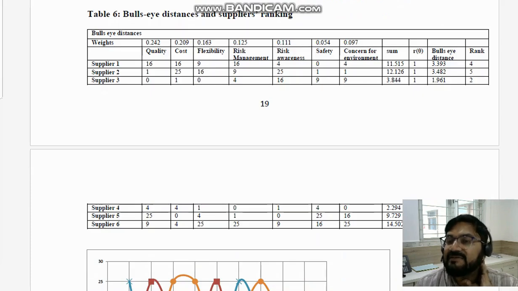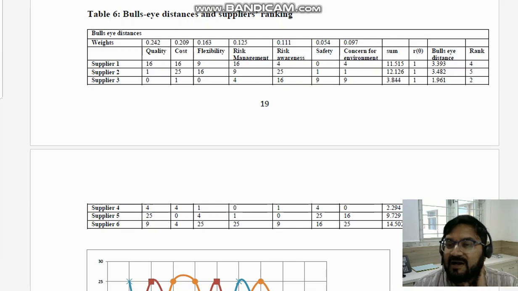Now we are taking the sum of the values. How is the sum calculated? The relative, or normalized, weights are multiplied by the squared values. So 2.242 multiplied by 16, plus 0.209 multiplied by 16, and so on. That is the sum for supplier 1.